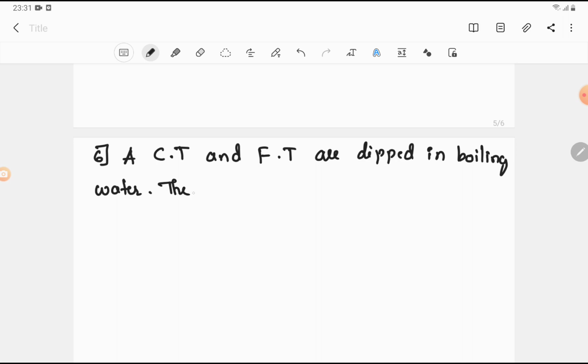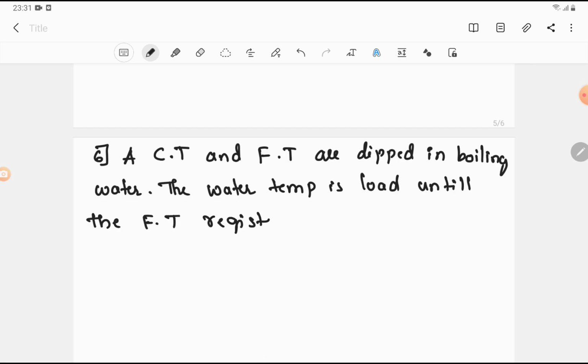The water temperature is lowered until the Fahrenheit thermometer registers 176 degrees Fahrenheit.